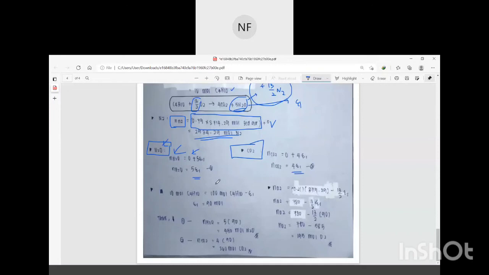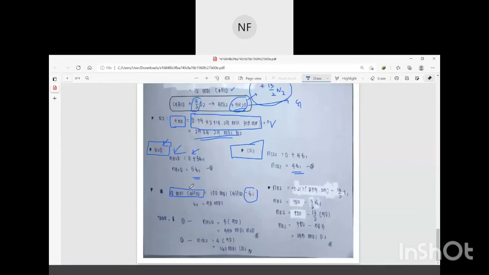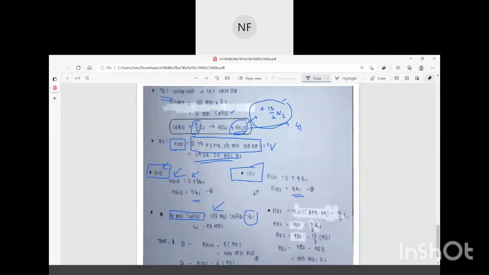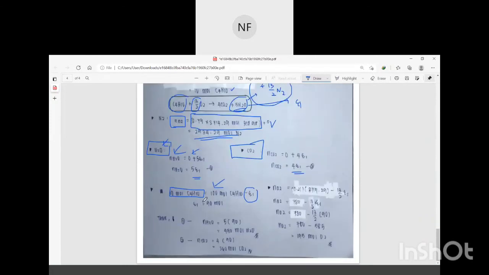As mentioned in the question, there is unreacted butane that we can use to find the extent of reaction. The number of moles of butane at the output side, which we found here, equals the number of moles of butane at the input side minus extent of reaction 1, because butane is at the reactant side. So we get extent of reaction 1 as 90 moles.